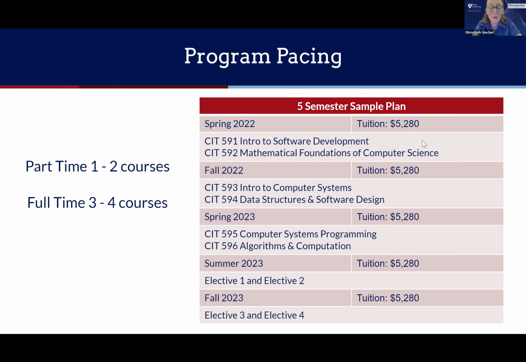That includes tuition and fees for 2 courses. Now, if you were to go down to 1 course, then you would just pay the $2,500 plus $140 for that semester. Typically, you pay at the beginning of the semester, but Penn offers a payment plan option through a third-party vendor so that you can spread out the payments a little bit more if needed.